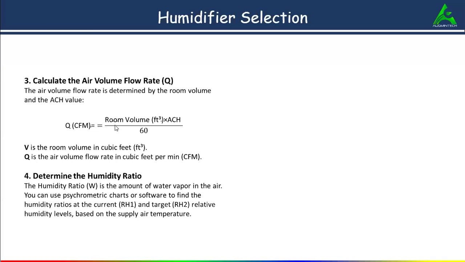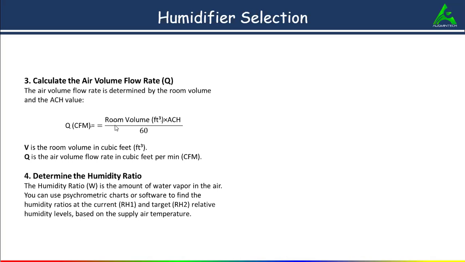CFM per person into number of people, occupancy, plus CFM per square feet into area. That is CFM per person into number of people actually.